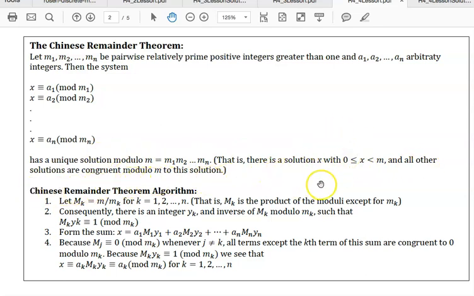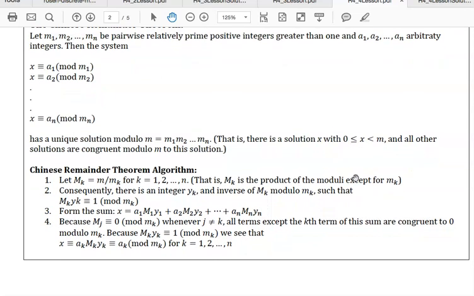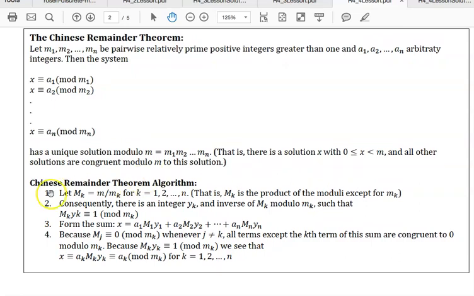Okay, so we're still going to have an infinite number of solutions. We can take this lowest positive value and add and subtract a multiple of this big modulo, but we're going to look for the smallest positive solution.